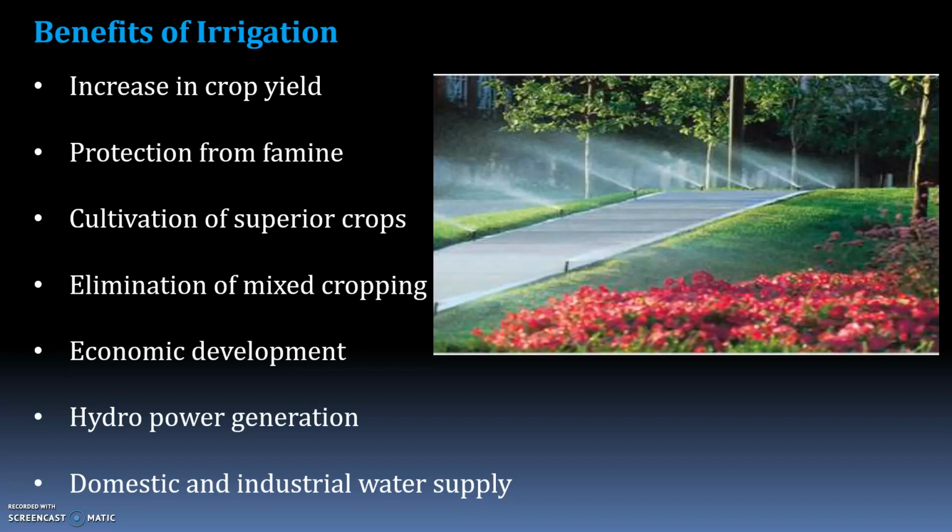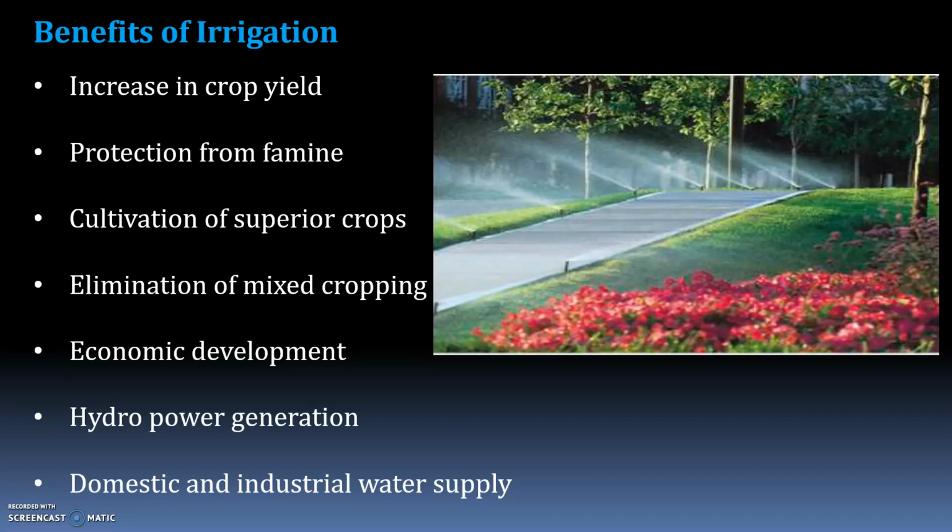But mixed cropping has several drawbacks, especially due to the fact that each crop has different requirements for field preparation, manuring, watering, etc. However, the availability of irrigation facilities in the area gives the farmers protection against the vagaries of the weather, resulting in the elimination of the mixed cropping system.